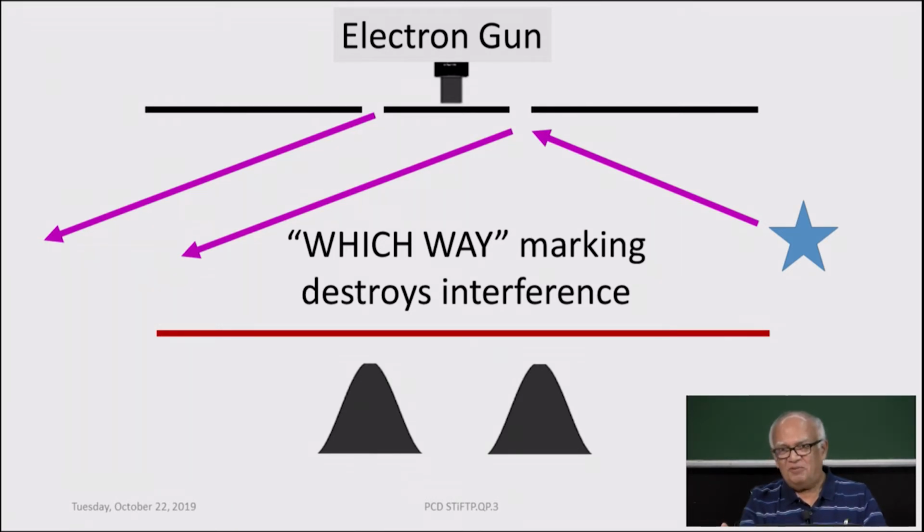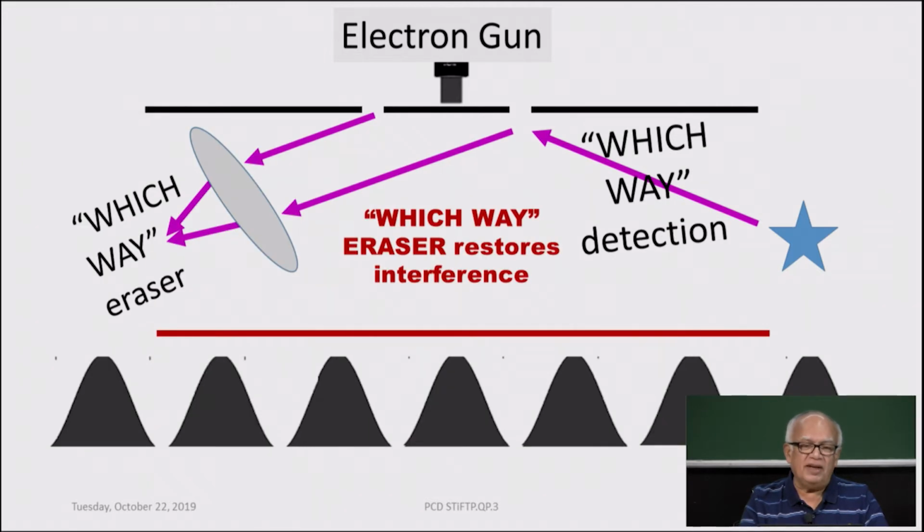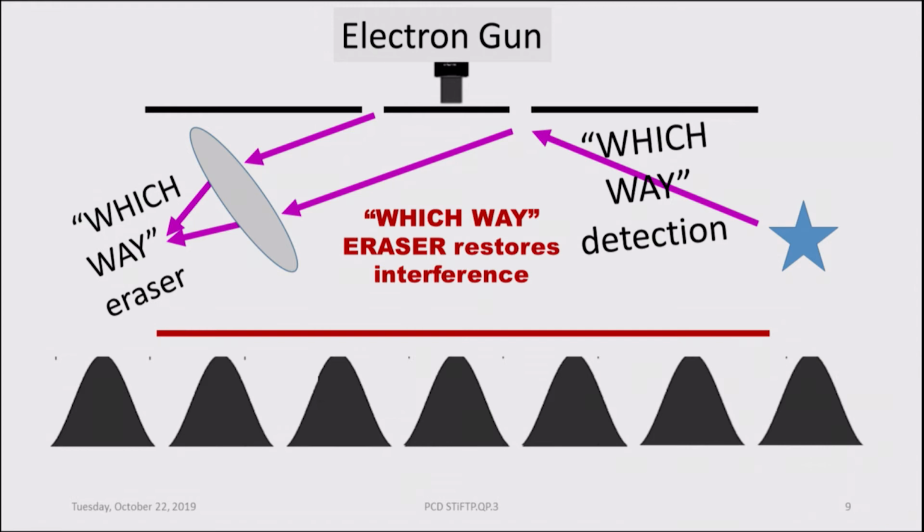The moment you get that information, the interference is lost, but suppose you erase this information. How can you erase this information? You can put a lens, and now you do not know from which slit the scattered light has come. So, the information is gone and the interference fringes reappear. So, they seem to know what kind of experiment you are doing.